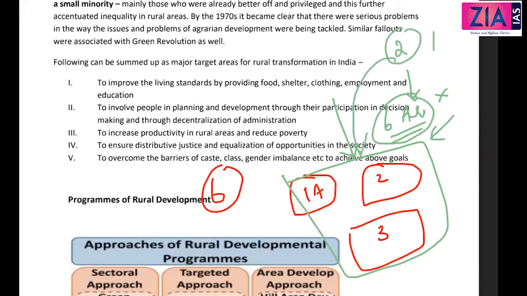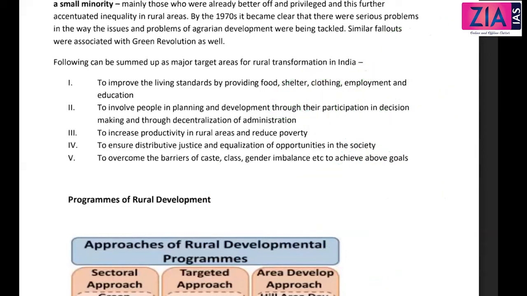Which two states? Punjab and Haryana. That is the reason why people have huge amounts of land in the same area in Punjab and Haryana. And that is the reason why the green revolution was more successful in Punjab and Haryana, because the green revolution needed everything on a large scale. So the base was already set in these two areas. Once the green revolution was implemented, it was very easy for them to apply things in a better way. That's what I mean by increased productivity.